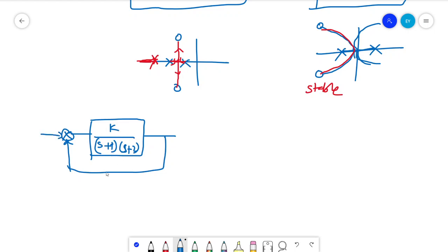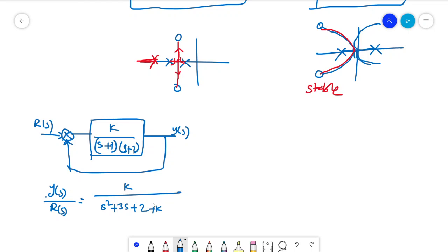And if you are computing the closed loop equation for this, y of s by r of s becomes k by s square plus 3s plus 2 plus k.